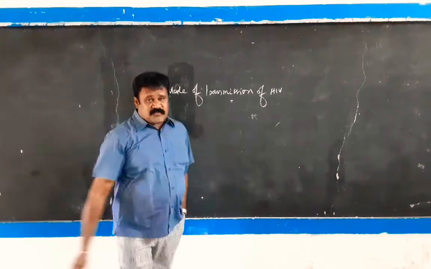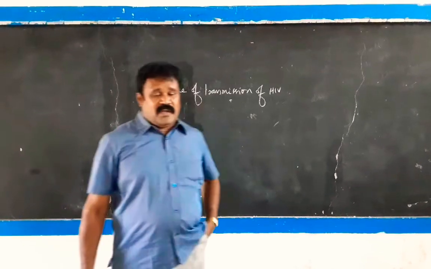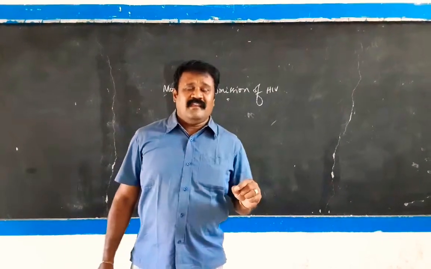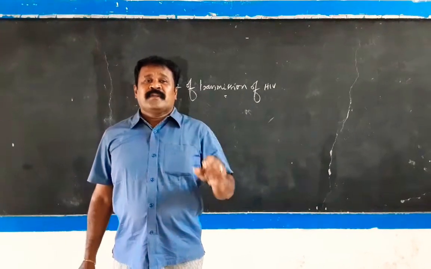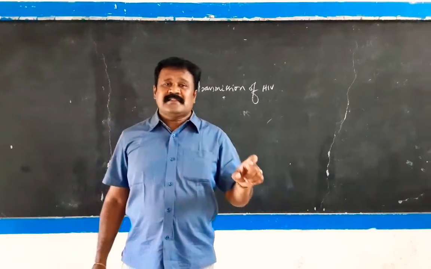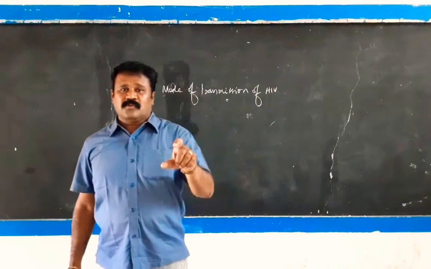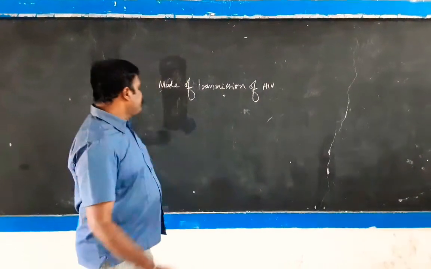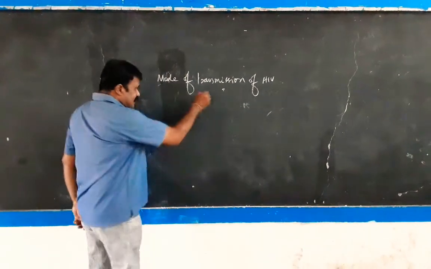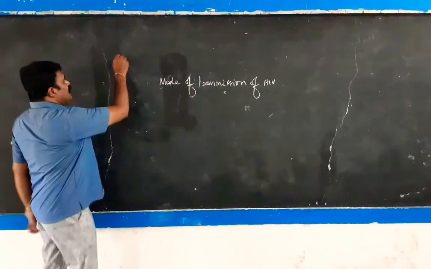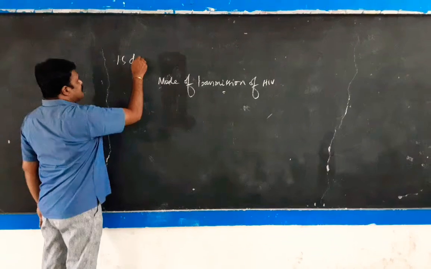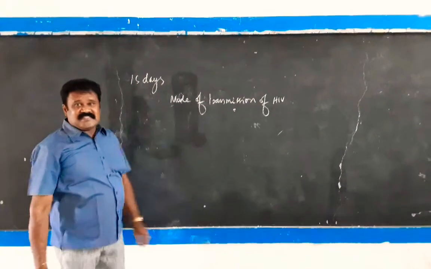In the previous class we have seen the structure. One important thing you have to keep in mind: attached to the single stranded RNA, there is a reverse transcriptase enzyme. Don't forget that. This HIV is capable of surviving 1.5 days inside the cell.